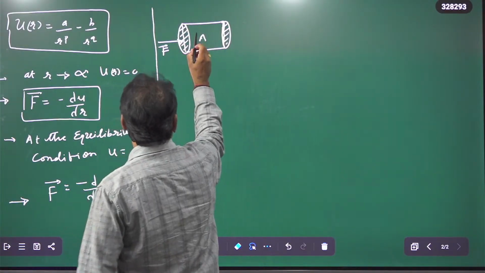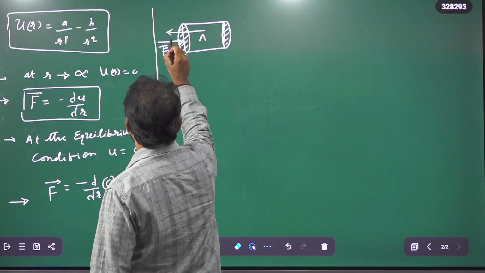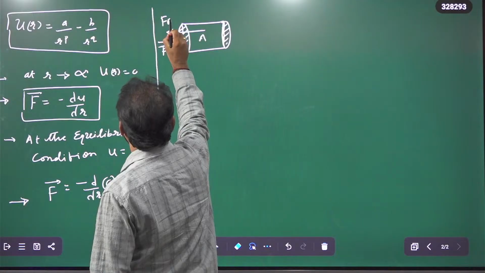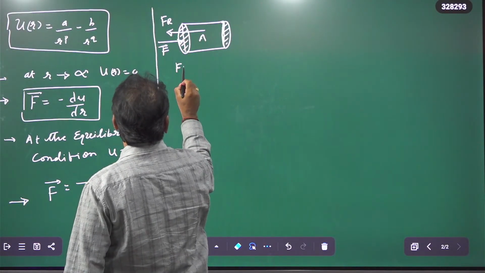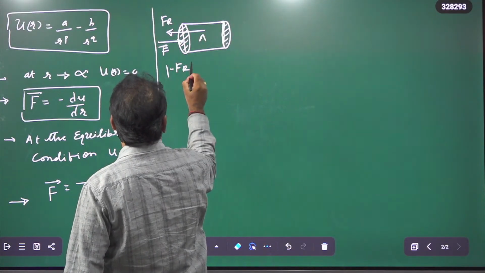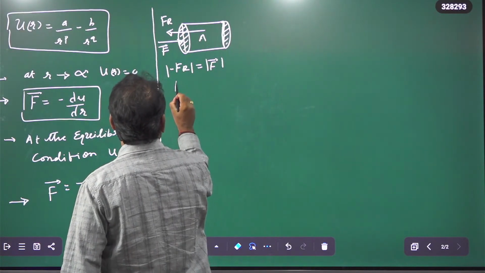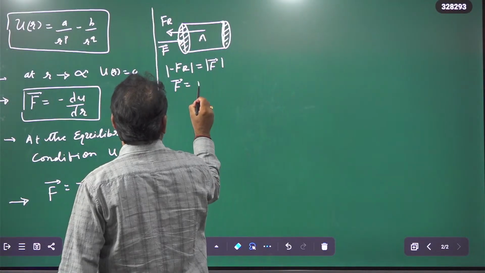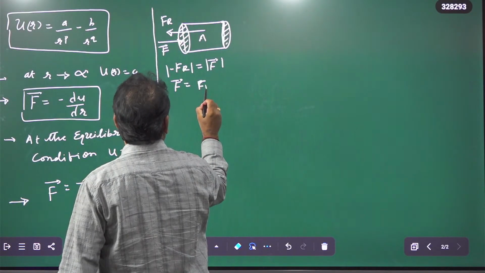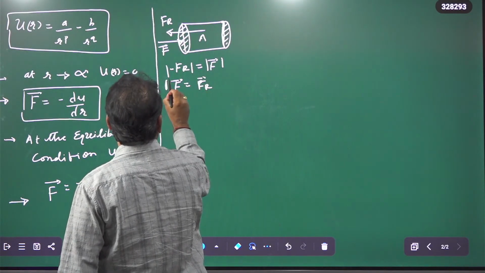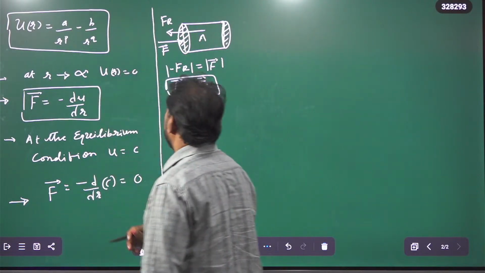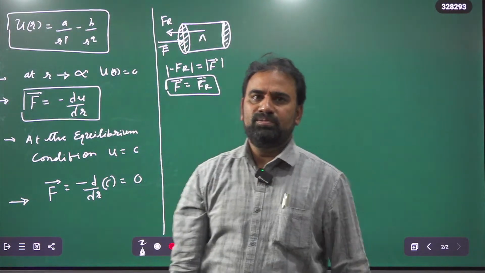The intermolecular force must be acting in the opposite direction. This is called the restoring force. The magnitude of Fr is equal to the magnitude of the applied force F, both will be equal, but directionally they are in opposite directions.